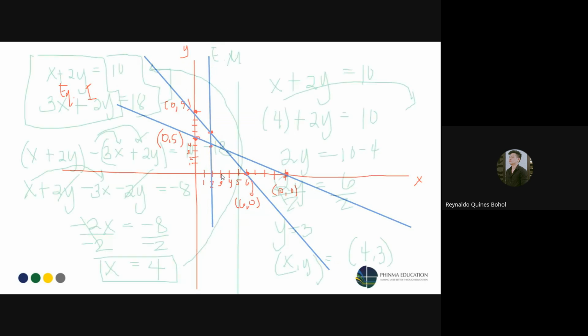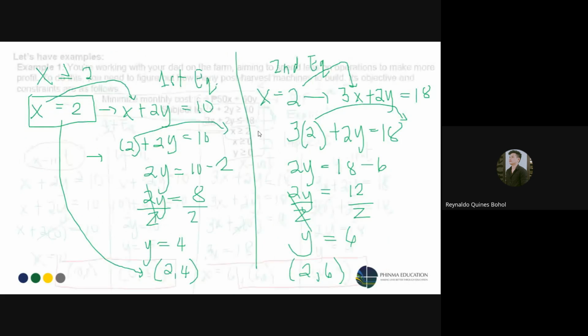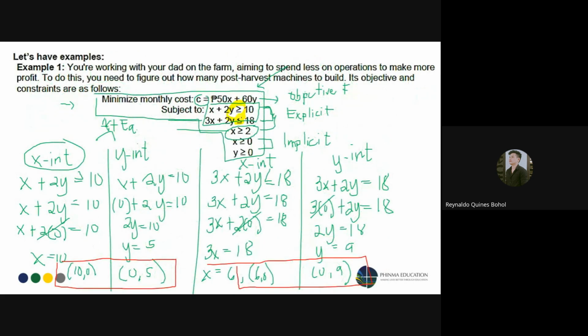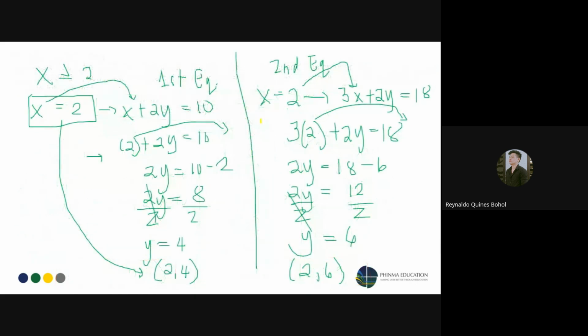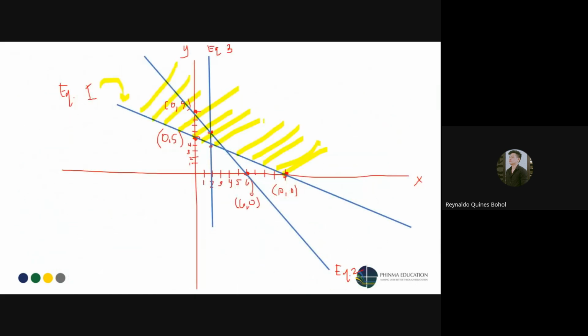Next, yung second equation symbol natin is, yung inequality niya is, kitang-kita dyan na less than. Equation 2 po, less than siya, kaya pababa siya. So, gamit tayo ng red. Blue pala.